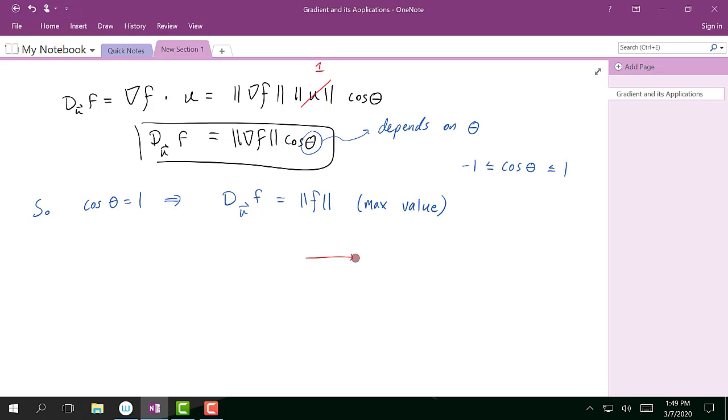So they're actually lying along the same line. So what we have is our vector u here, and our direction vector gradient of f here. And they're going along the same line, so there's no angle between them. And so in this instance, the directional derivative has achieved its maximum.